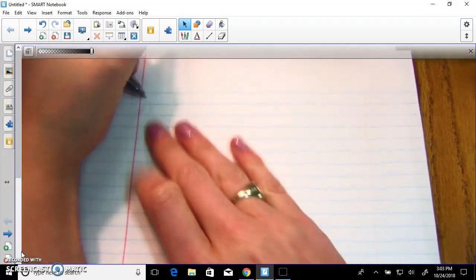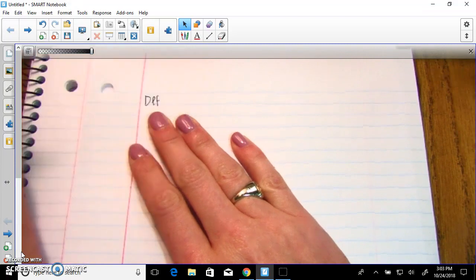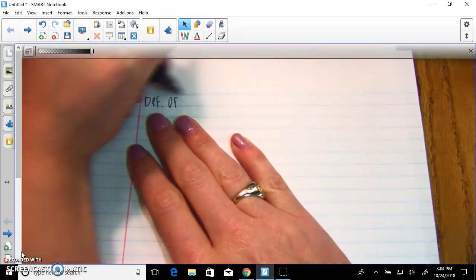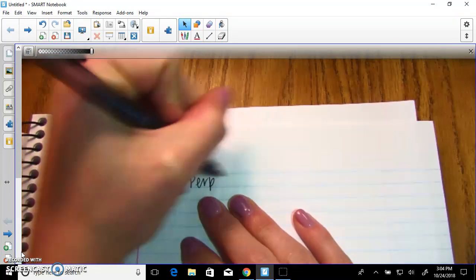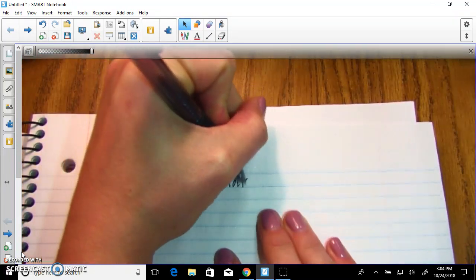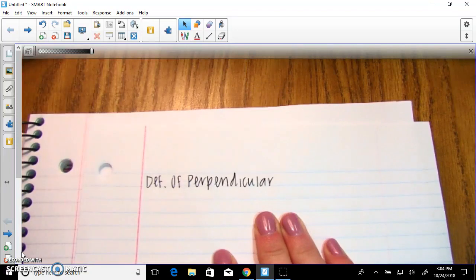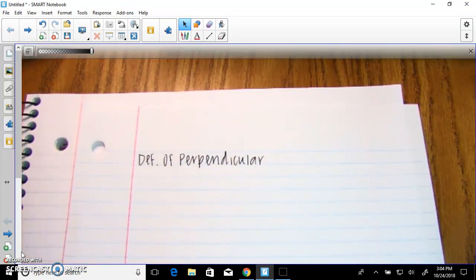All right, next definition. We have a lot of definitions. Now we have the definition of perpendicular. And we've talked about perpendicular lines, so this shouldn't be much of a surprise.